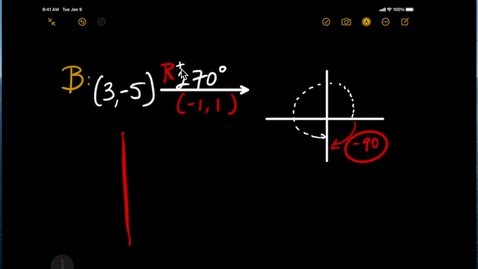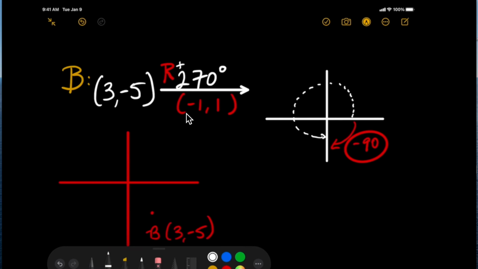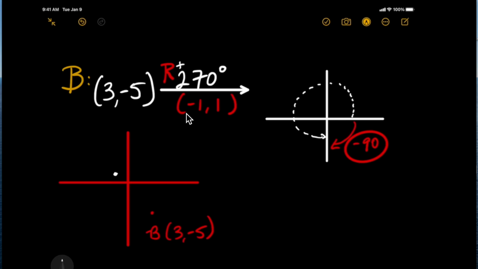Let's first plot the point B, just to get our bearings as to what we're dealing with. So to plot 3, -5, that would put us in quadrant 4. Okay, the next thing I'm going to do, folks, is take this point that they want us to rotate around, -1, +1, and change that so that we're doing a rotation about the origin.